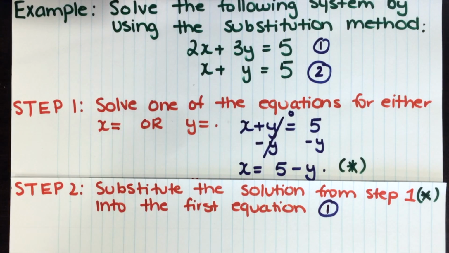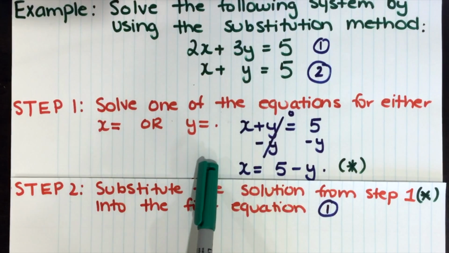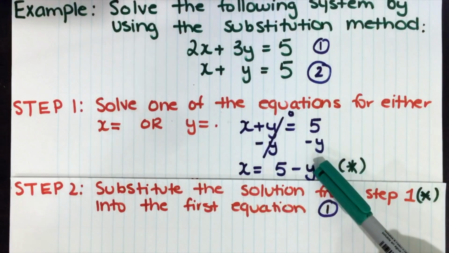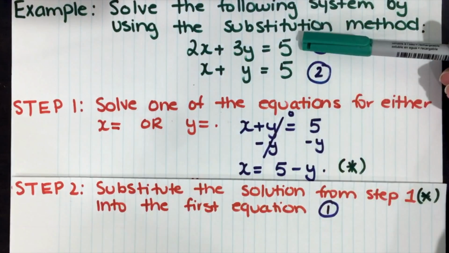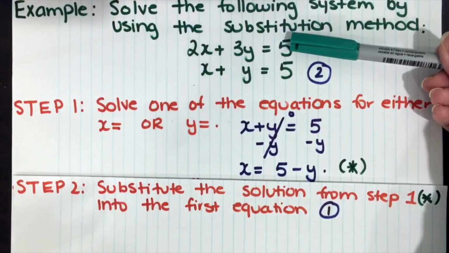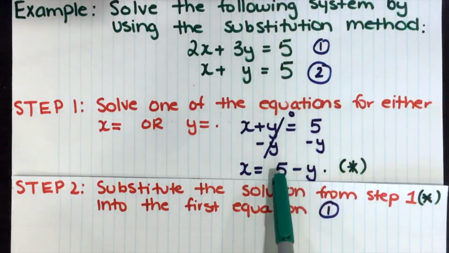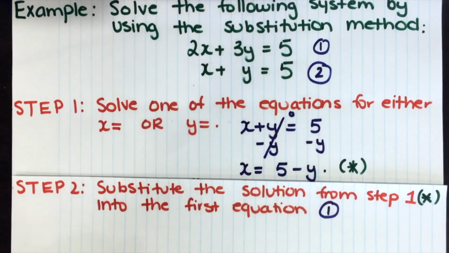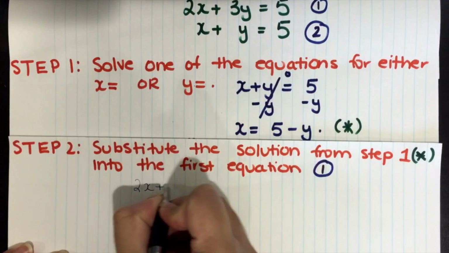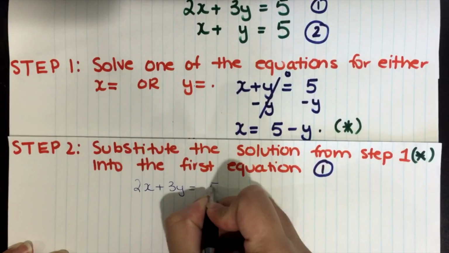Step 2 is that we're going to substitute the solution that we got from our first step, x equals 5 minus y, and plug it into our first equation, 2x plus 3y equals 5. So wherever there's an x in the first equation, we're going to put in 5 minus y. Alright, so we have 2x plus 3y equals 5.